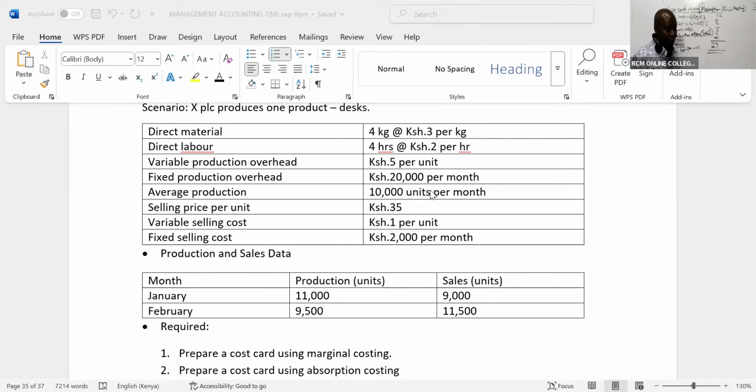Let me ask you a question. I can see down here, I have fixed selling cost of 2,000 per unit. Can I bring this one here in terms of inventory valuation? Anything selling will be post-production. That can never be featured anywhere under production.